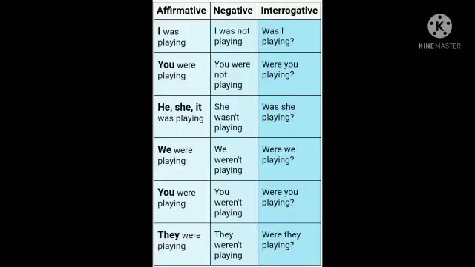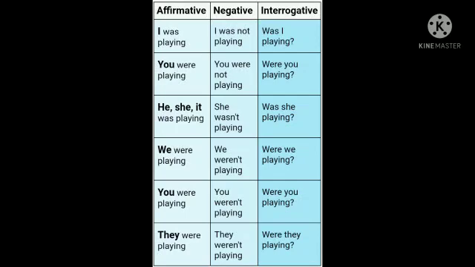Again, look over here at the pattern, examples are given for you, affirmative, negative and interrogative form. Here the first one, I was playing, that is the affirmative one, and the negative of this sentence is I was not playing, and the interrogative of these both sentences is was I playing.